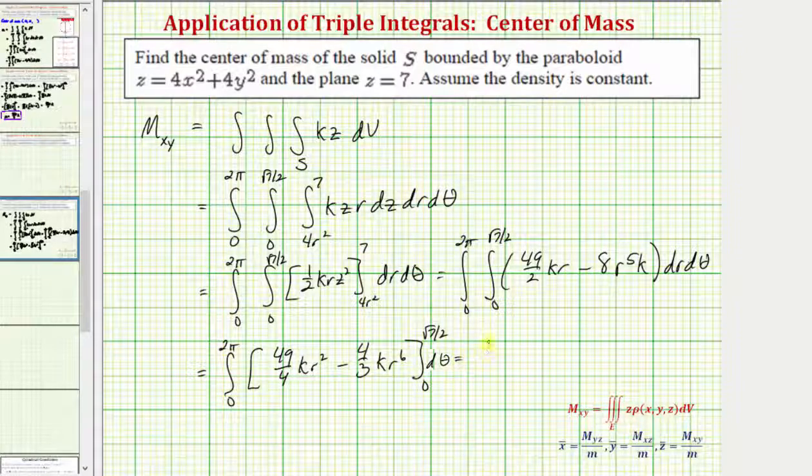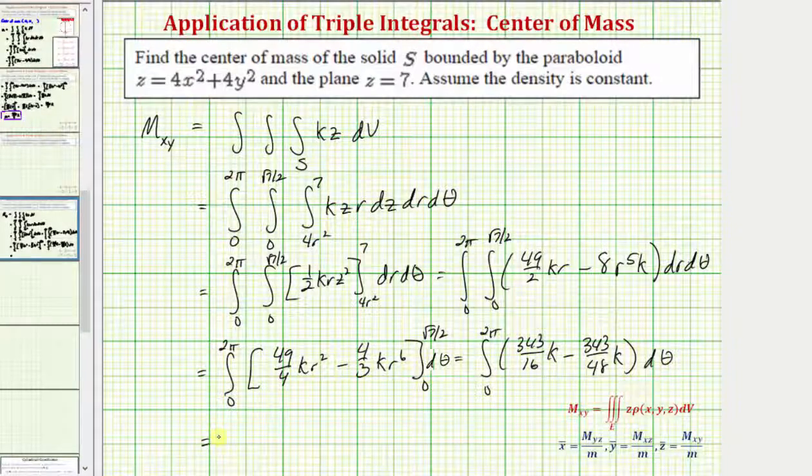Now we need to find big F of b minus big F of a. So when r is equal to square root of 7 divided by 2, this first term simplifies to 343 divided by 16k, and then we have minus, when r is equal to the square root of 7 divided by 2, this term simplifies to 343 divided by 48k, and of course when r equals 0, both terms would be 0.